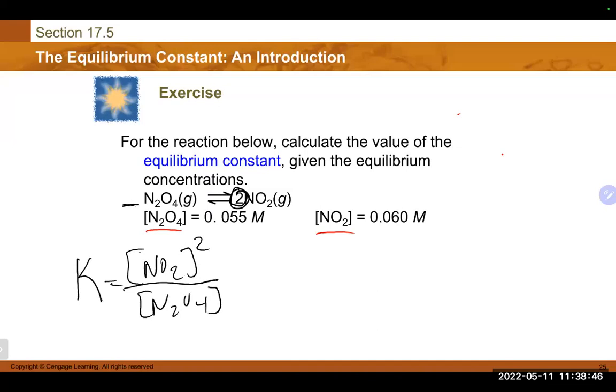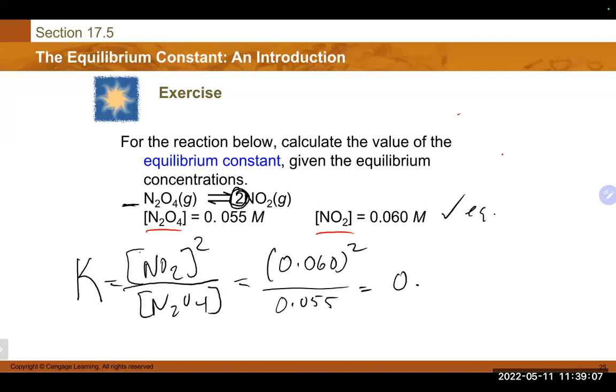At this point, since these are equilibrium concentrations, we can just put them in the correct spot there, 0.06, a little squared action, and a 0.055 there. That is going to get us a 0.065 value for the equilibrium constant.